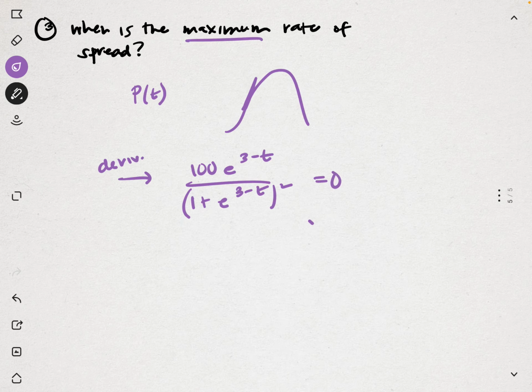Let me type it out first, just so we avoid that same mess that I did last time. 100 e to the 3 minus t divided by 1 plus e to the 3 minus t squared.